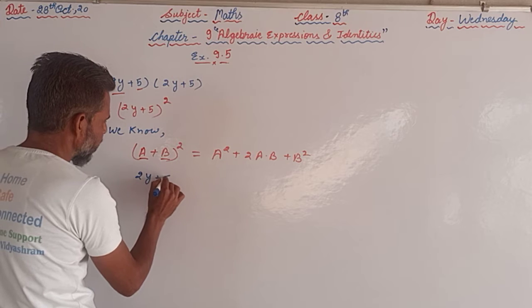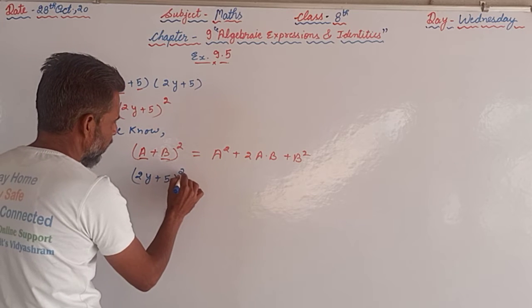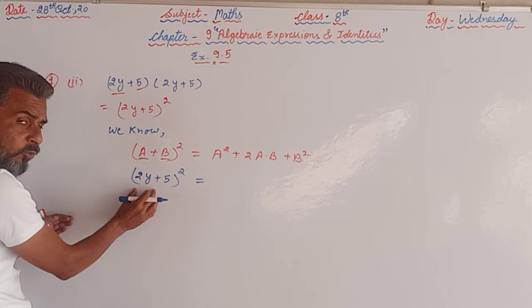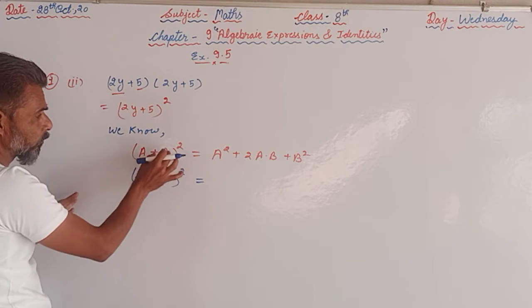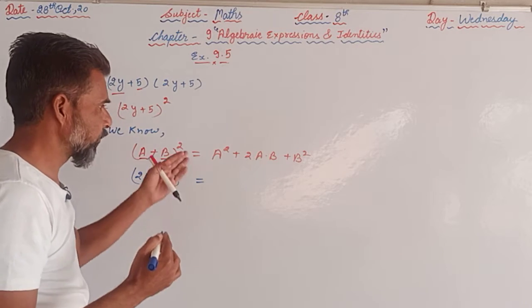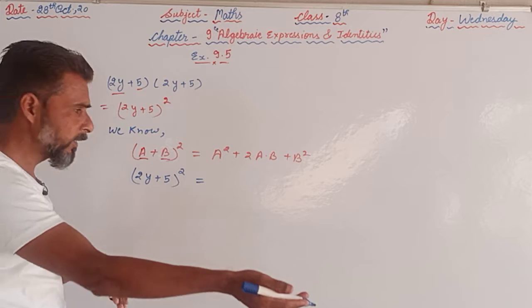So 2y plus 5 whole square is equal to, now in place of a we have written 2y on the left hand side, and in place of b we have written 5 on the left hand side. So we are supposed to substitute the values of a and b on the right hand side as well.